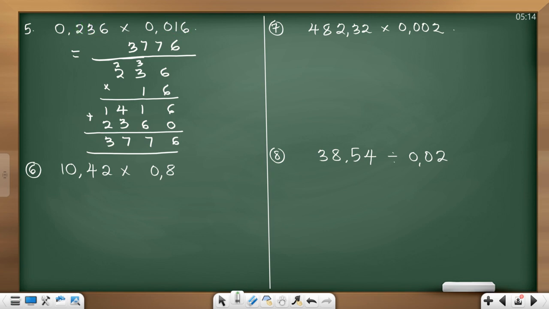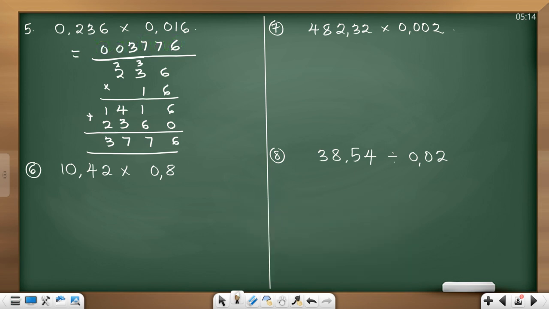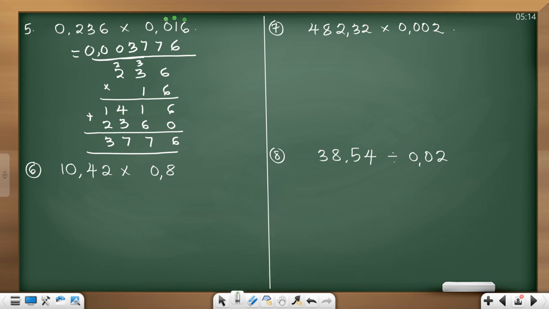It means I should have 6 numbers after my decimal. So I'm going to start from here. It is 1, 2, 3, 4, 5. Ooh, I have 2 empty jumps there. So I fill the empty jumps with 0 and 0. Then I put a comma there so that I have 6 numbers exactly after my decimal. I hope that makes sense. So it's 1, 2, 3, 4, 5, 6.